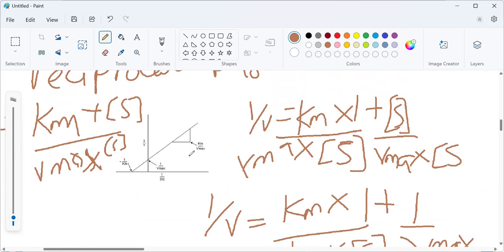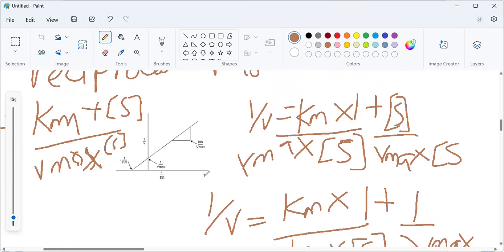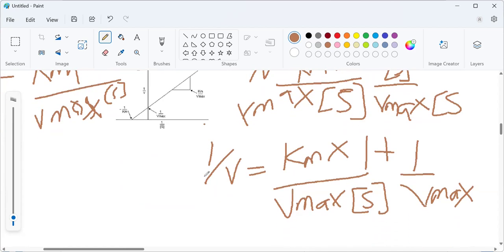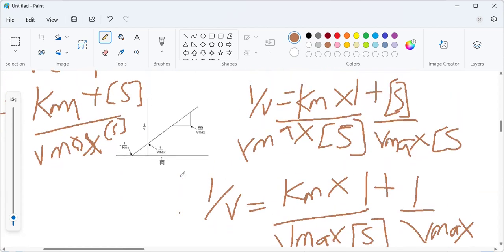The slope is Km over Vmax, and the y-intercept is 1 over the maximum velocity. It's much easier to calculate Km from the intercept on the x-axis, which is minus 1 over Km.